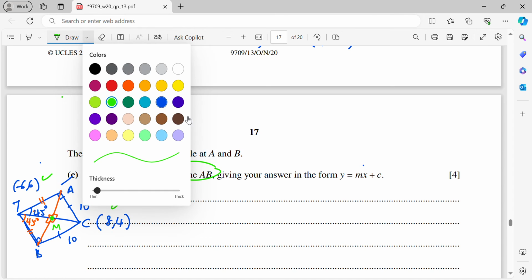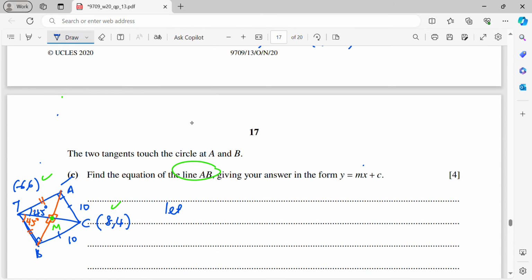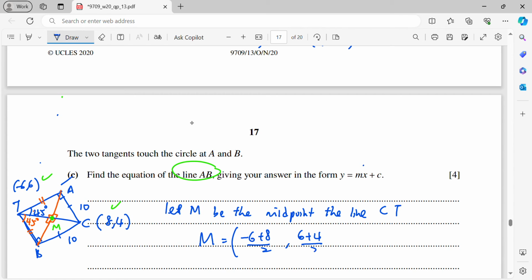Okay, so now let M be the midpoint of the line CT. That means now your M is going to be x1 plus x2 over 2, so minus 6 plus 8 divided by 2, and then y1 plus y2 divided by 2, so 6 plus 4 divided by 2.